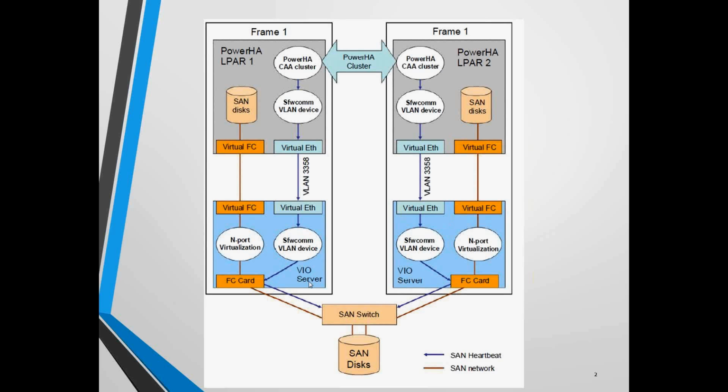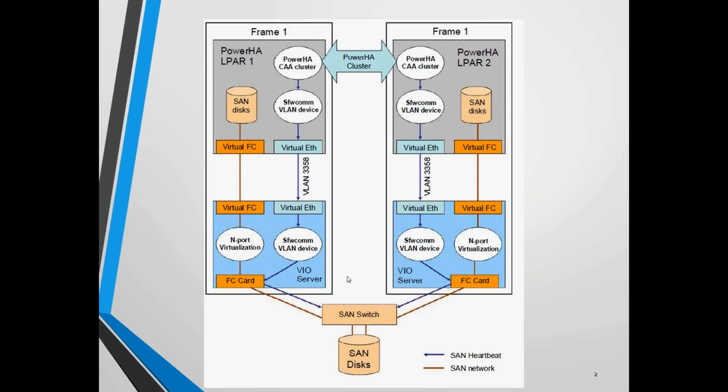Now, there's a couple of key requirements, pretty well documented, on settings that are needed to use this. First, you have to have a fiber adapter that supports target mode. That's usually 4 gig and 8 gig. Most newer adapters in recent years support target mode.